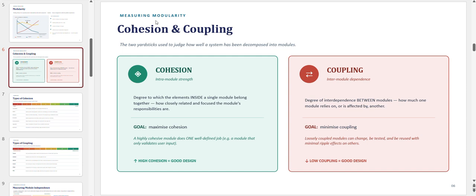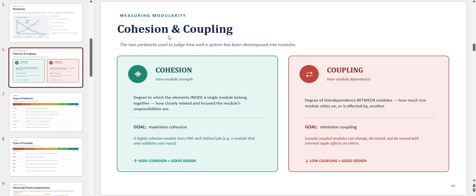Now let's see cohesion and coupling in measuring modularity. These are the two yardsticks used to judge how well a system has been decomposed into modules. What is cohesion? It is intra-module strength, the degree to which the elements inside a single module belong together, how closely related and focused the module's responsibilities are.